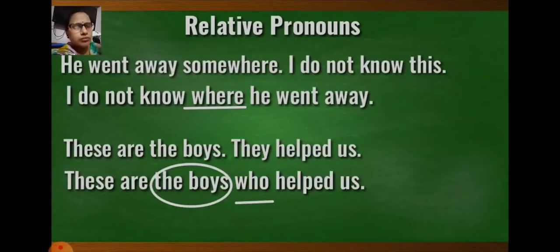It's better to make exercises on a regular basis to understand the use of words instead of using but and so. If you make as many sentences as possible, then it will be more clear to you. Let's see some more examples of relative pronouns. He went away somewhere. I do not. So these are the boys who helped us.